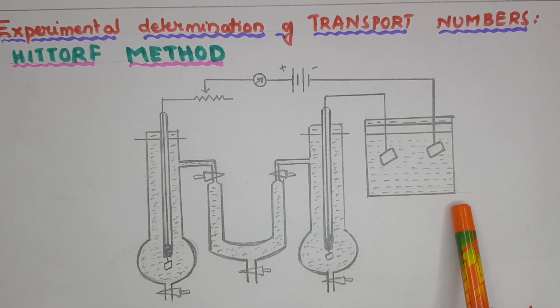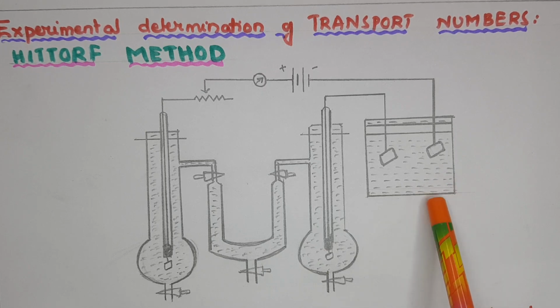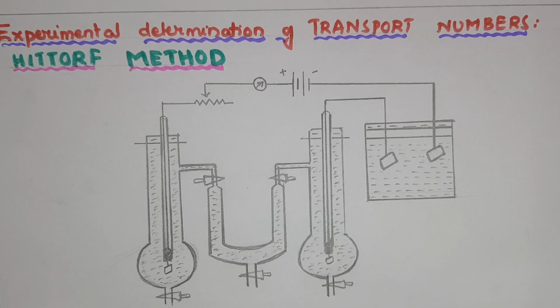The amount of silver metal which is getting deposited on the coulometer, in terms of gram equivalents we say, the number of gram equivalents of silver metal deposited here in the coulometer gives us the fall in concentration both at anodic and cathodic compartments.